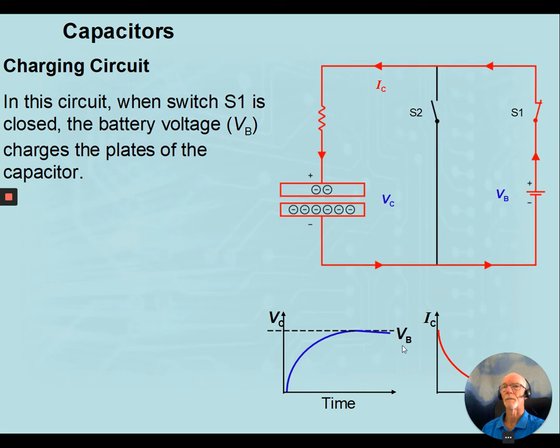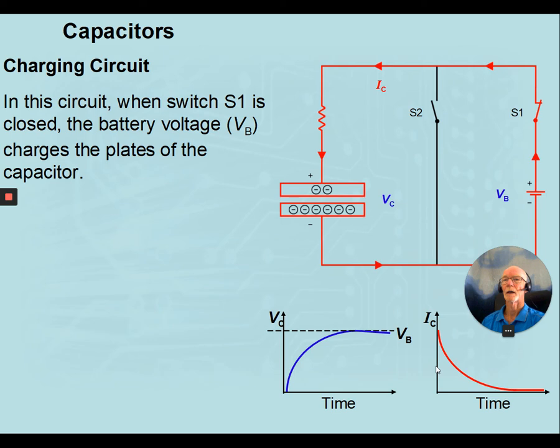When we initially turn our circuit on, we get maximum current flow, limited only by the resistance of the circuit. Initially, the capacitor offers no resistance, but as the capacitor starts to charge up, its internal resistance starts to increase, and therefore the current starts to decrease.